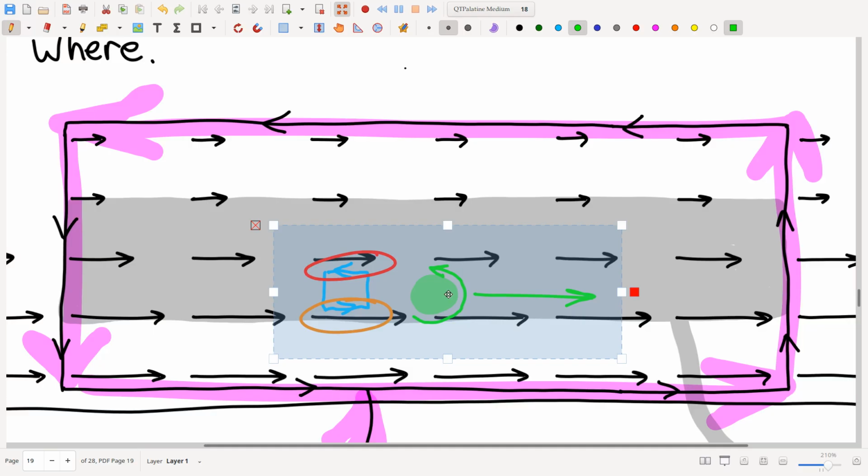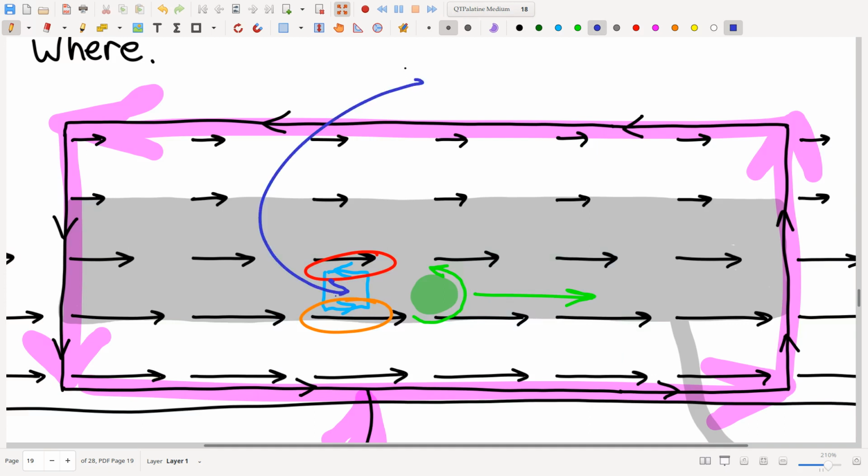So in particular, at points like this, if you were to compute the curl there, it would be positive.